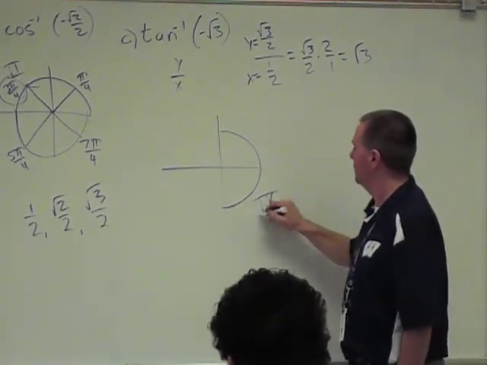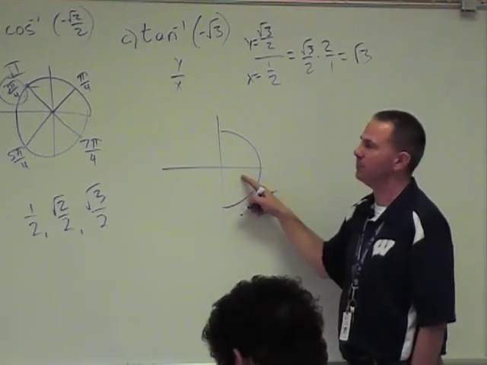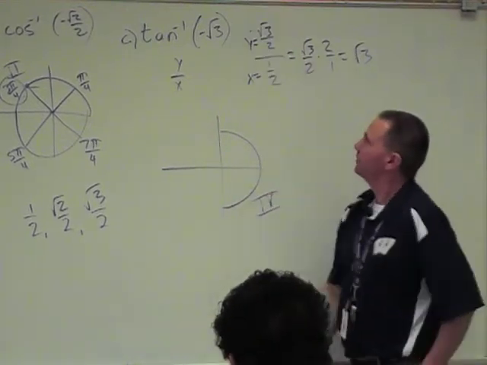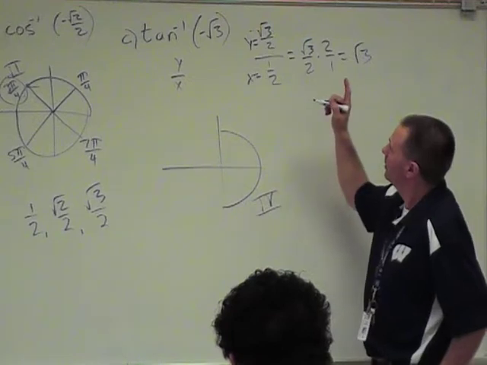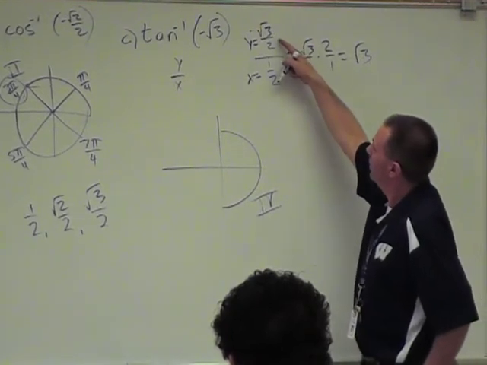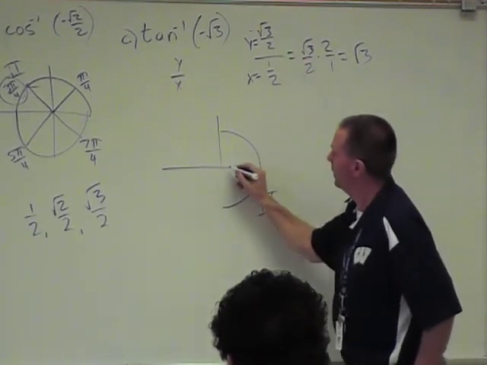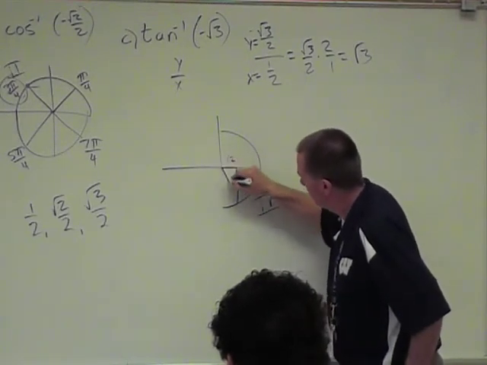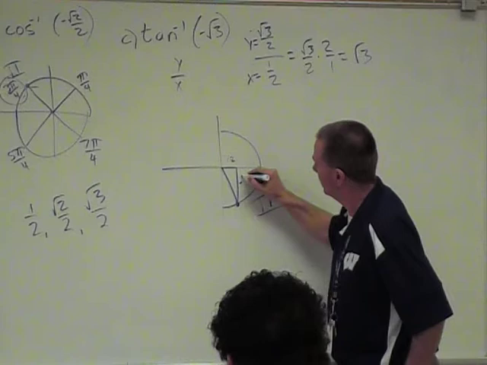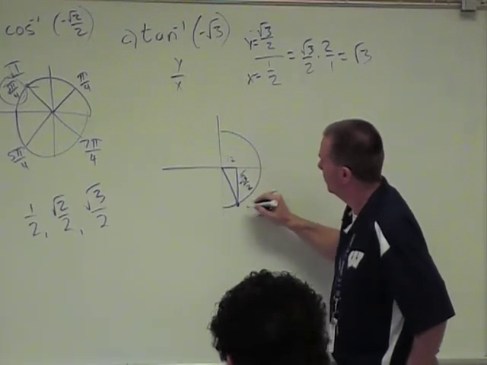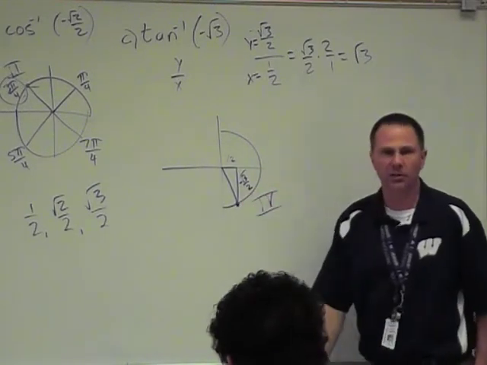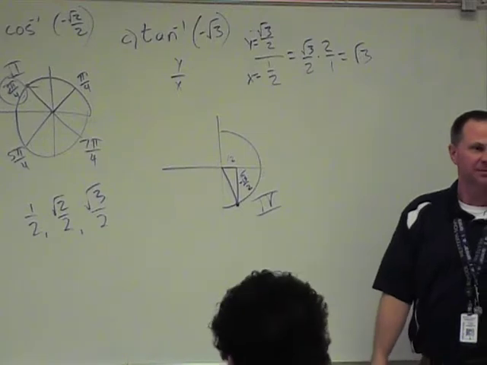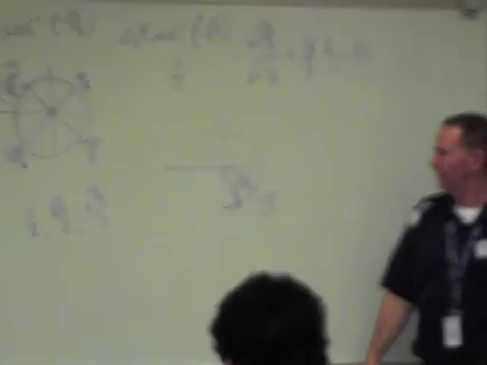Fourth quadrant. The y is negative, the x is positive. So, long leg, short leg. The short leg is 1/2. The long leg is negative radical 3 over 2. What is that radian measure? Negative pi over 3. Excellent. Negative pi over 3.